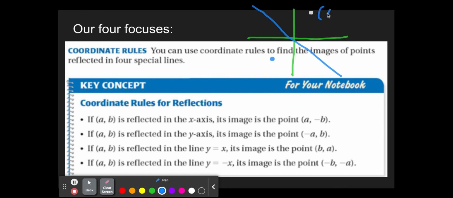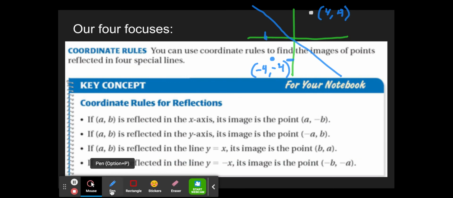So if I'm at 4, 4, I'd wind up down in this area. Oh, I probably shouldn't have picked the same points. What a terrible example. But we'd wind up in this quadrant, which is, as we know, negative x's and negative y's. So that's kind of your summary.